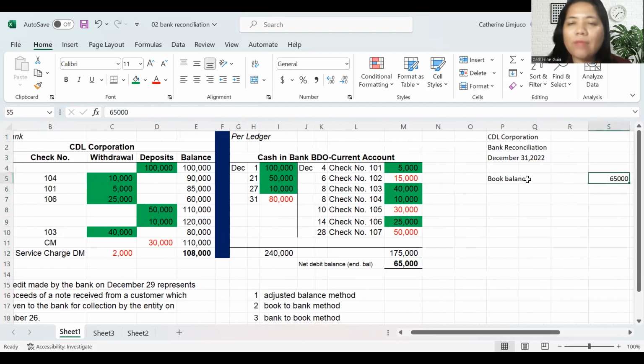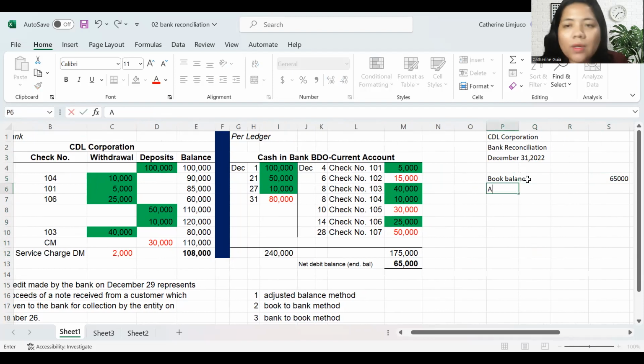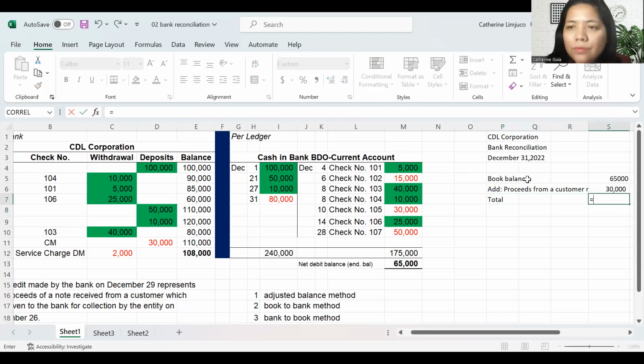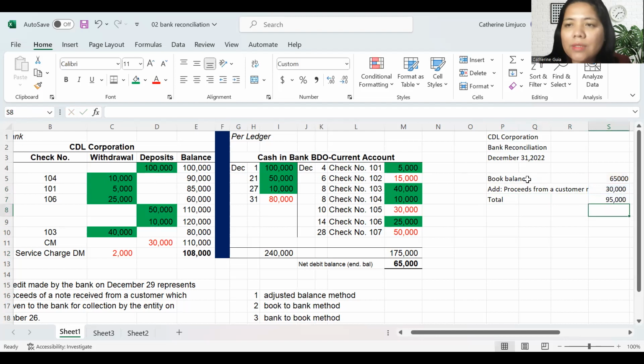So our book balance, let's start. We have here 65,000 and then we will add the 30,000 which represents proceeds from a customer note. So why do we need to add these proceeds? Because these proceeds increased our cash in bank. So therefore, we also need to increase our ledger by the same amount. Ledger for cash in bank, BDO current account. The total is 95,000 pesos.